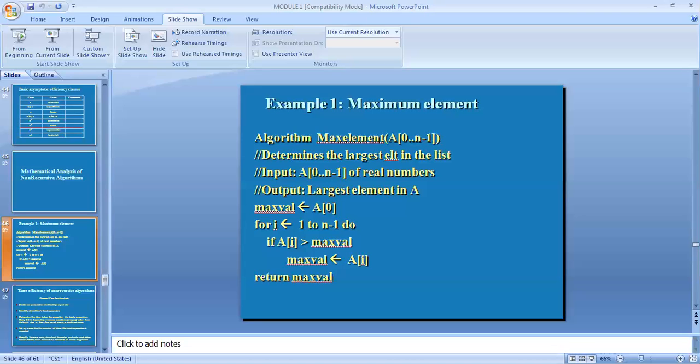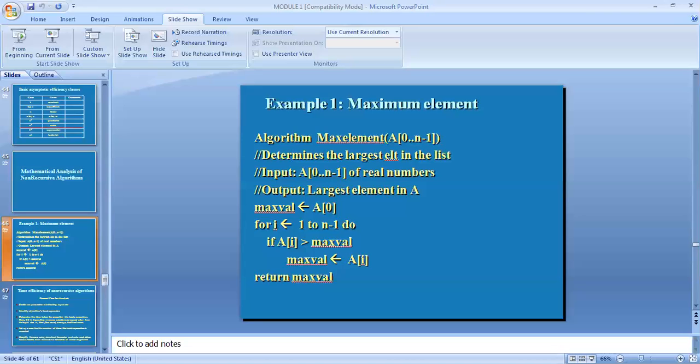Note that the number of comparisons will be the same for all arrays of size n. Therefore, in terms of this metric, there is no need to distinguish among the worst, average and best cases here.